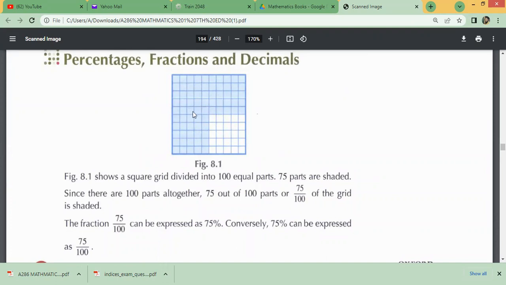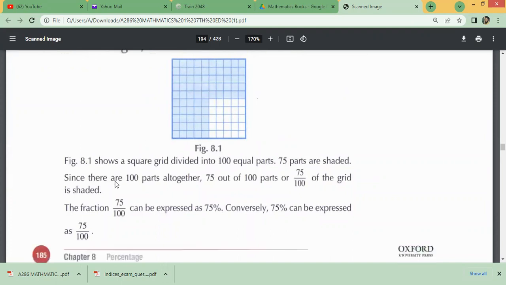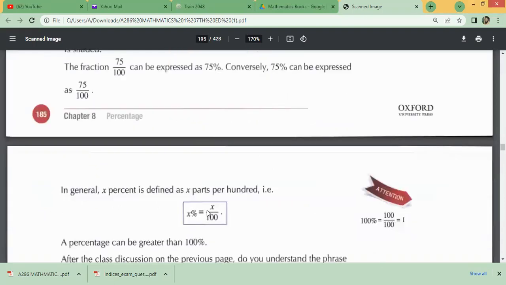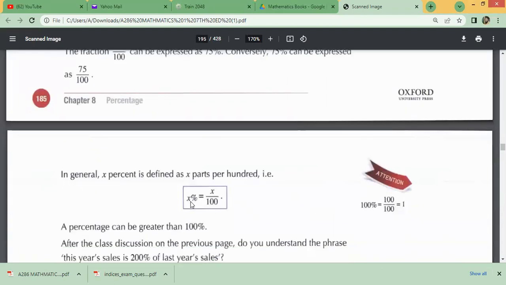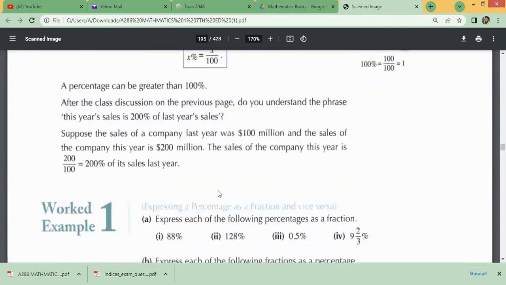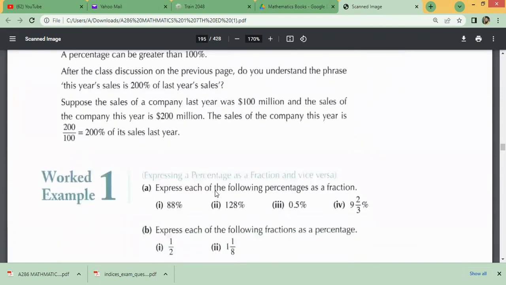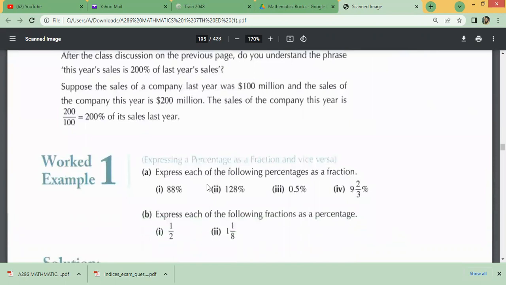If we count, this is equal to 75 boxes out of 100, so it is 75%. In fraction we can represent it as 75 over 100. So x percentage can be represented as a fraction as x over 100, and we can simplify these fractions to get a simplified fraction.